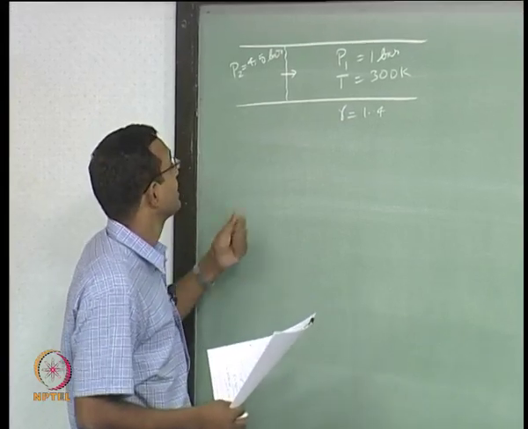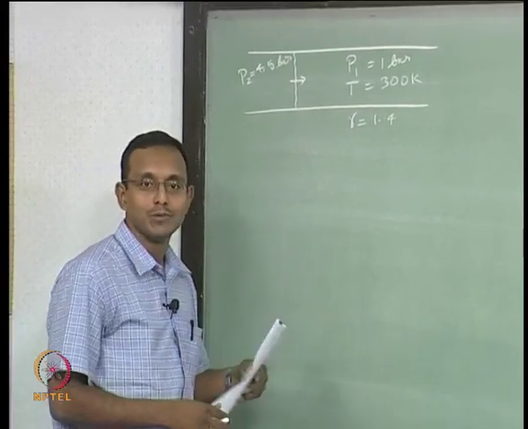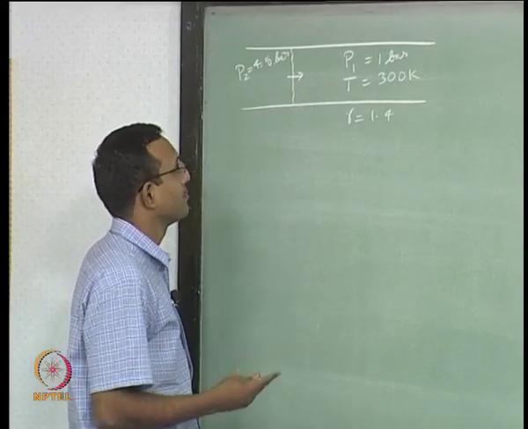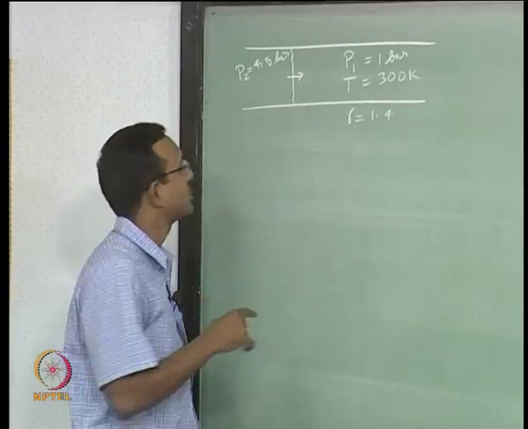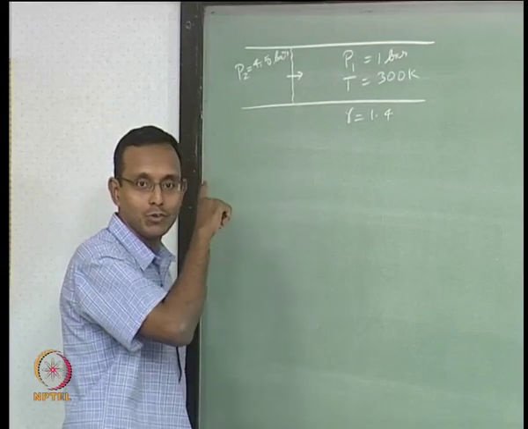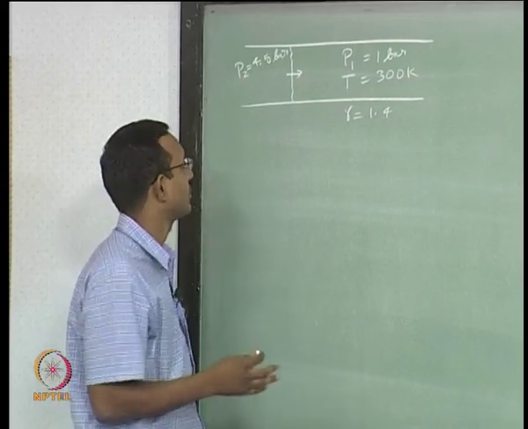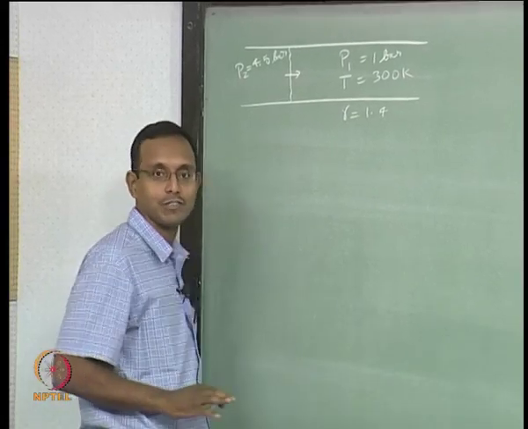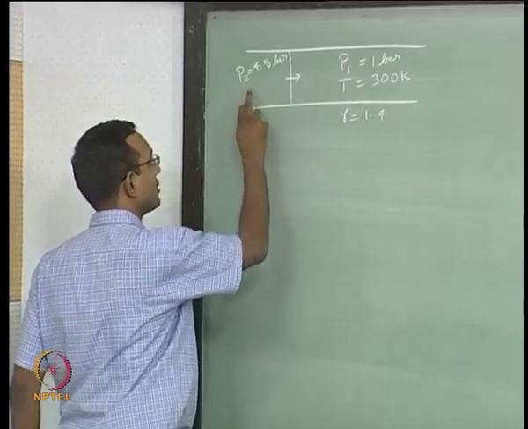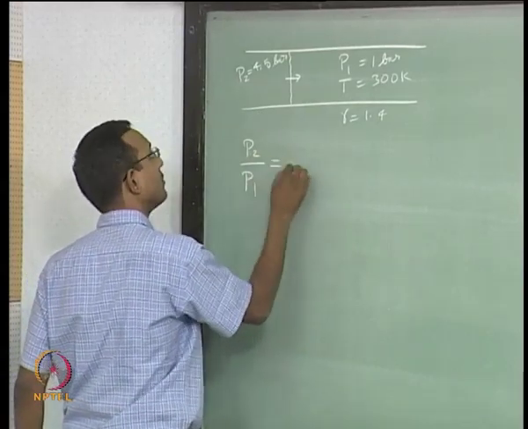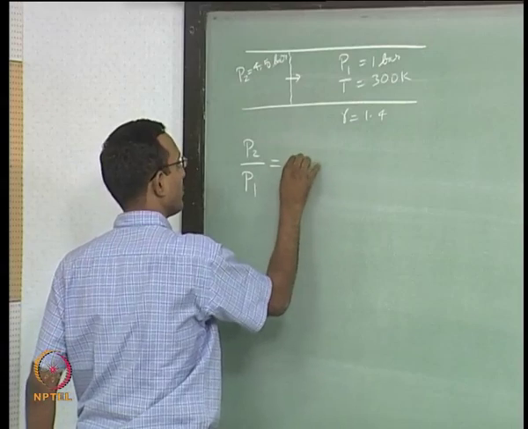So, to characterize the shock, what should I do? I have to just start looking at the problem and say, okay, the information given about the shock happens to be pressure P2 by P1 across the shock. No other information is given across the shock. So, the only information about the shock is P2 by P1 is given to be 4.5.